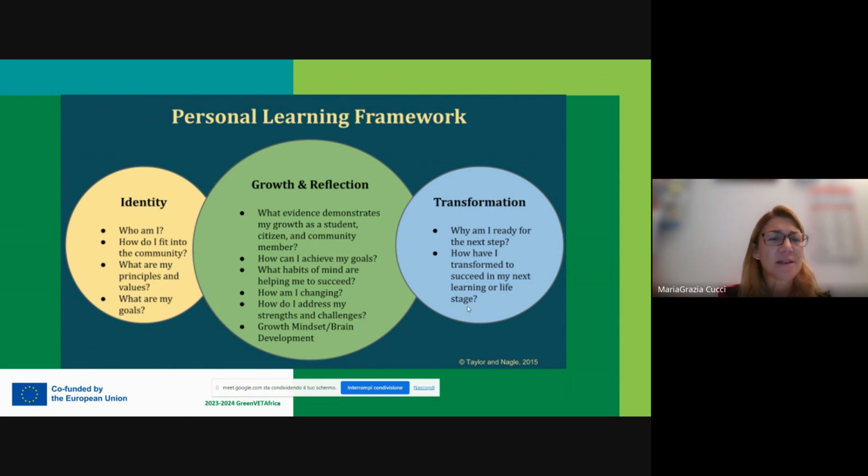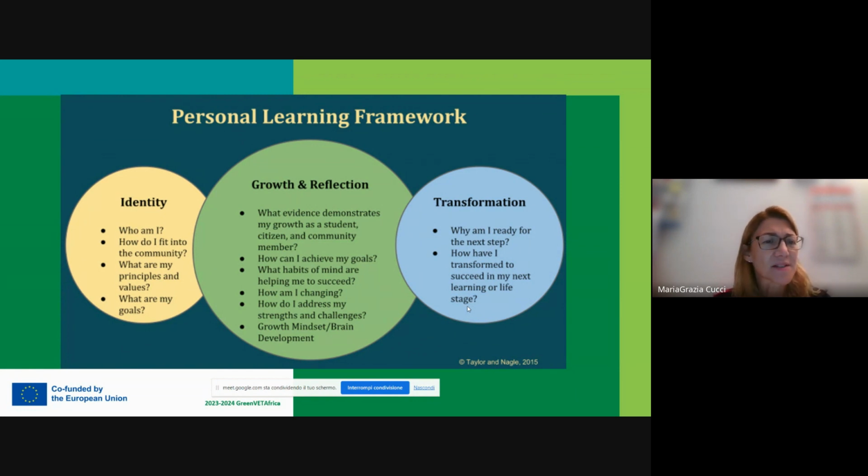analyze the identity of the student, asking, of course, on his or her level, the following questions. Who am I? How do I fit into the community? What are my principles and values? What are my goals? Of course, we have to help the student to understand what a community is and what their community is.